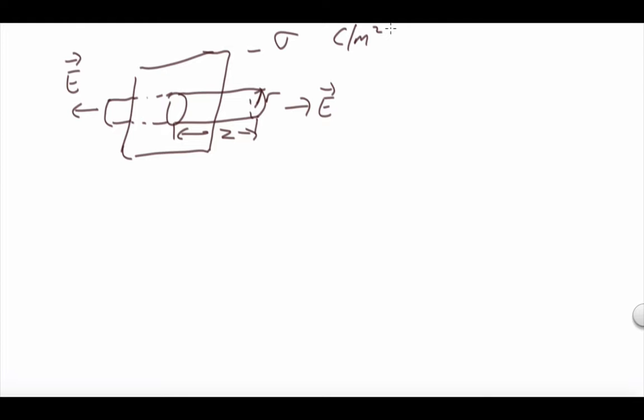So for the curved face of the cylinder, there isn't going to be any electric field. It won't be coming out, because it is parallel to the curved face. So it's only coming out through the ends of the cylinder.